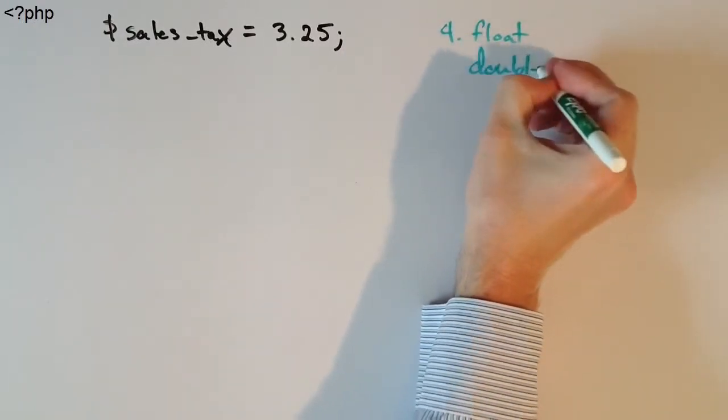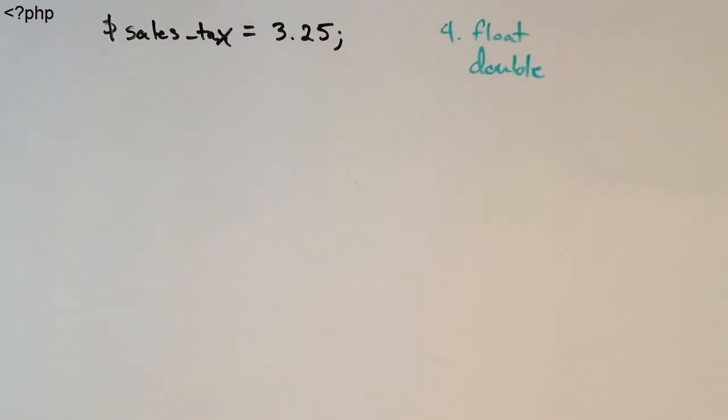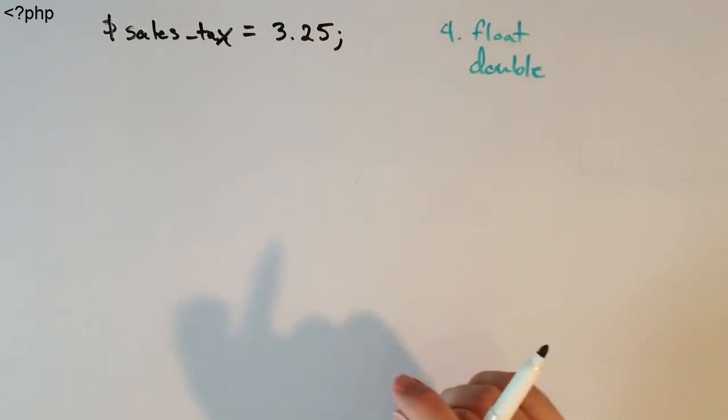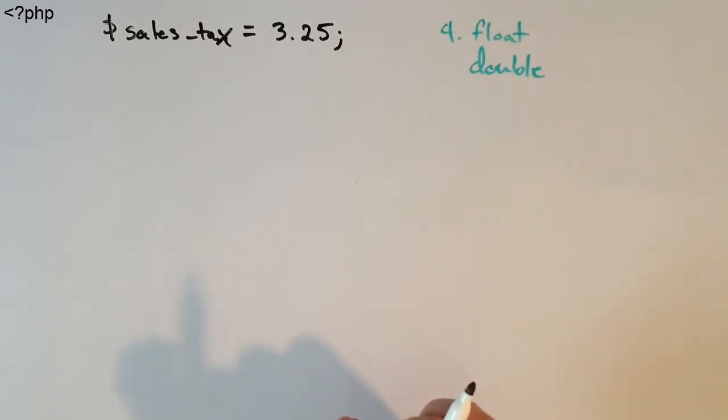PHP really doesn't distinguish between the two. It just knows it's a decimal. It's a number with a decimal point after it and other digits following it. In terms of precision, how much that goes out, I really don't know off the top of my head, because with web programming, you usually aren't concerned about that sort of thing.